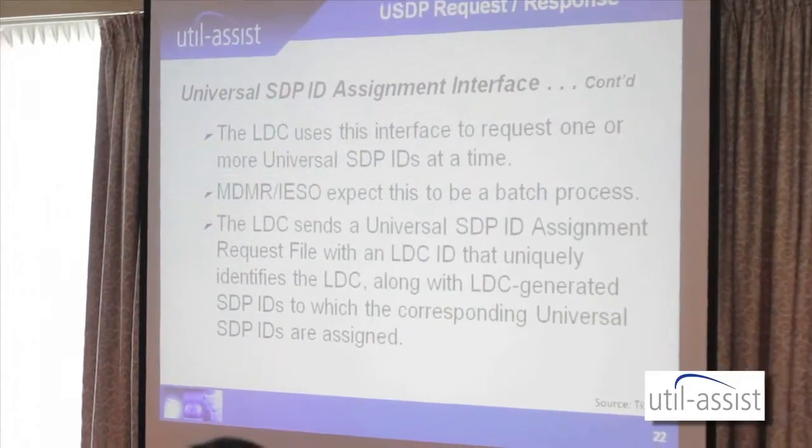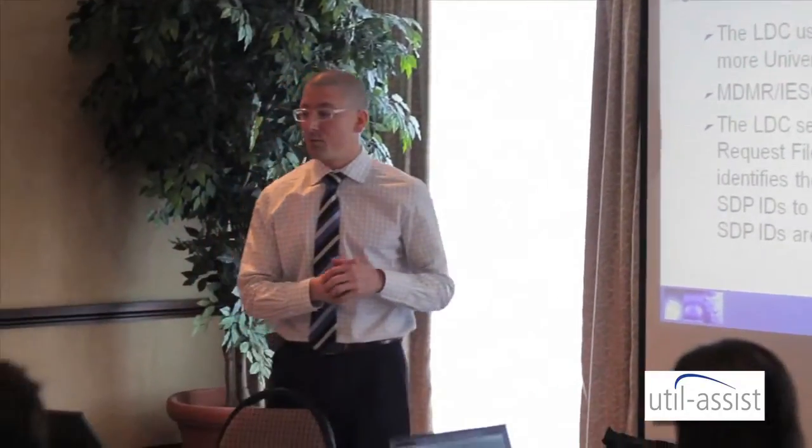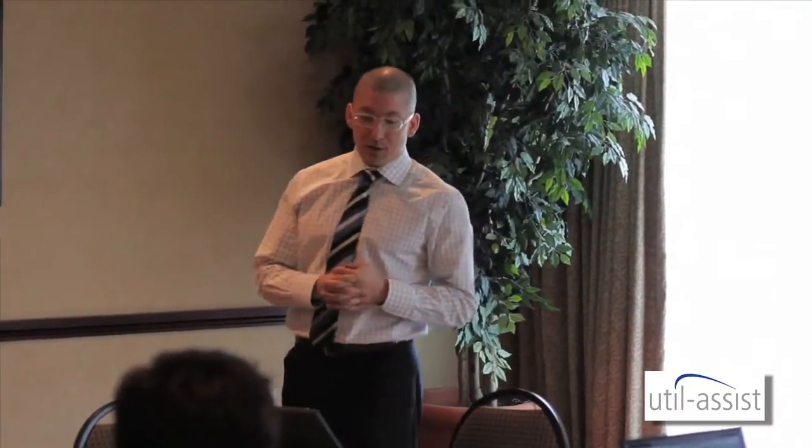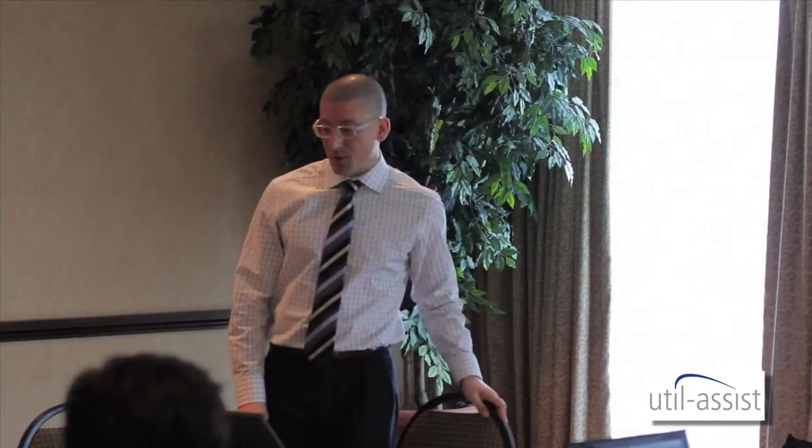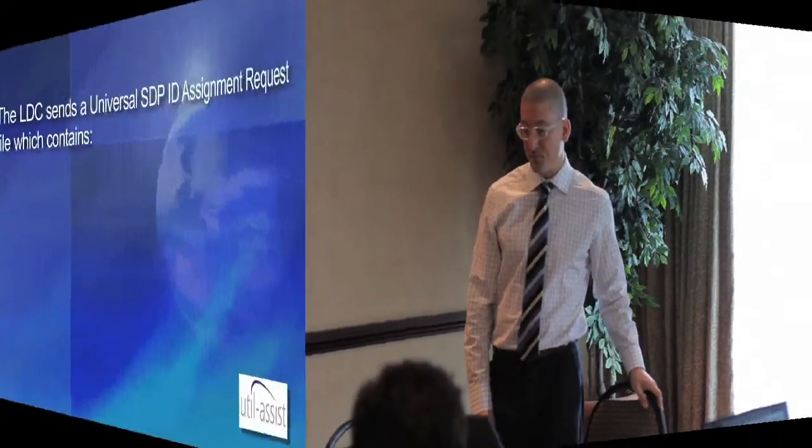Some utilities started to request them one at a time, and then they made the documentation a little more specific that they wanted this to be a batch process, at the end or the start of each day, where you'd ask for all your new USDP IDs. Having said that, if you program the interface to work one at a time, that's not going to be that big of a problem. You can do that. Some utilities are doing it.